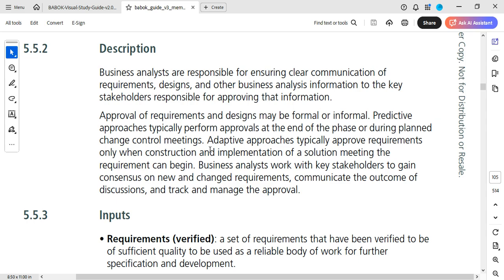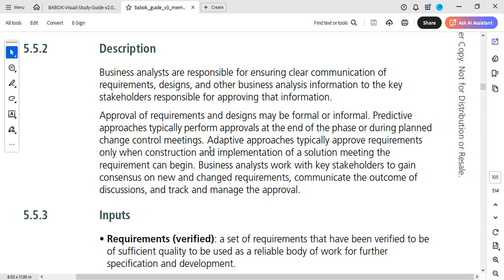Approval of requirements and designs may be formal or informal. Maybe you can discuss it, then you send it to your stakeholders to sign off. Predictive approaches typically perform approvals at the end of the phase or during planned change control meetings. Adaptive, that is, Waterfall and Agile, how requirements are approved. Adaptive approaches typically approve requirements only when construction and implementation of a solution meeting the requirements can begin.